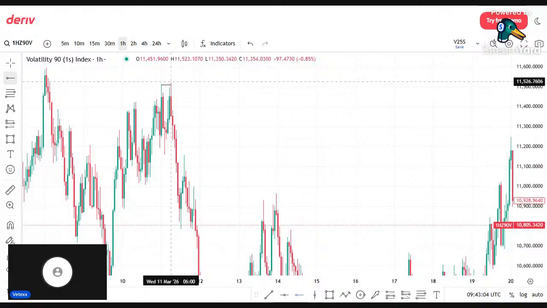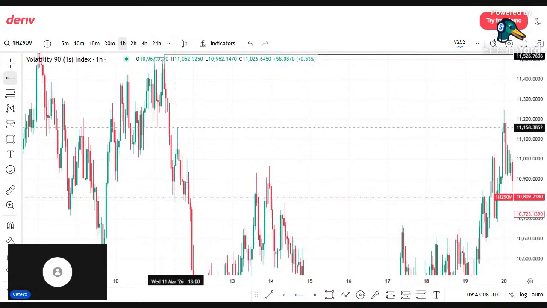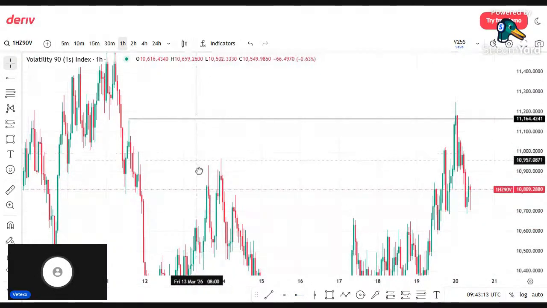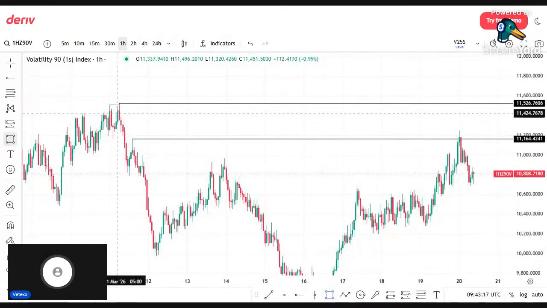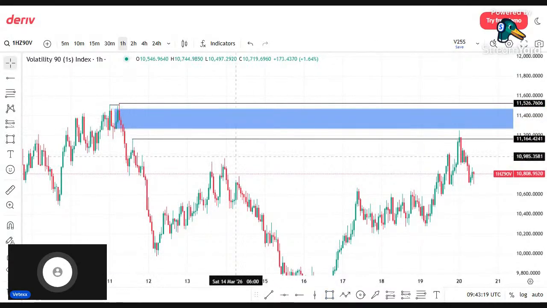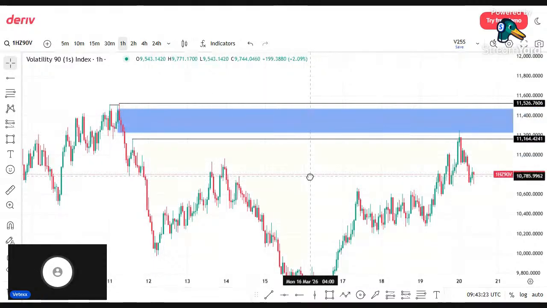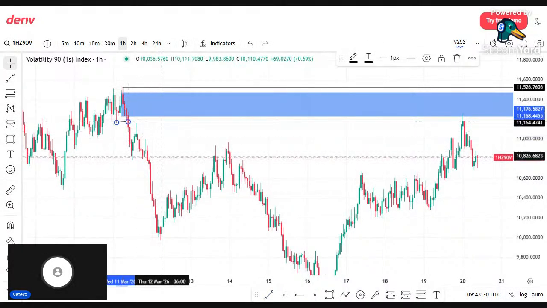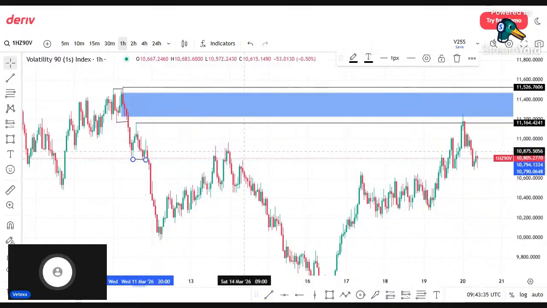We have a protected high here, and our structural liquidity, which is right here. This becomes our point of interest. Price has already taken out the structural liquidity and is trying to move in the opposite direction. This is our first break of structure, and this is our second break of structure.